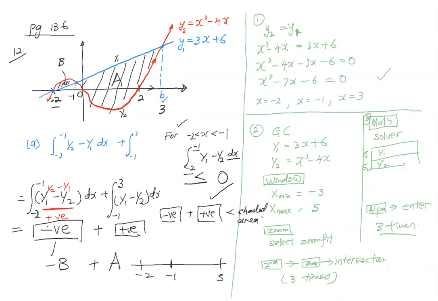Now for this region, y1 is on top and y2 is below. For part B, you can just key into your calculator FNINT twice, y2 minus y1 for the first one. You can use your calculator and check the answer from the textbook.